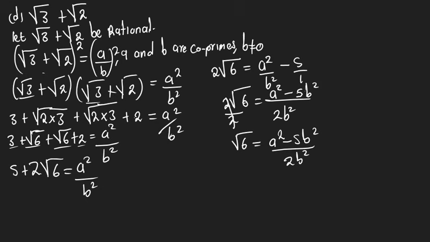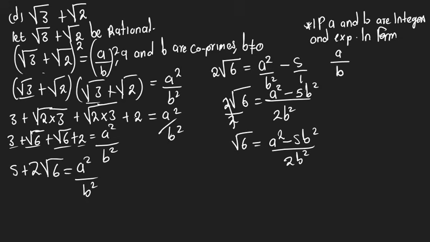Now notice this is just the same concept we are using here. If a and b are integers and they are expressed in the form a over b, like this part, this is a over b, then a and b are rational.